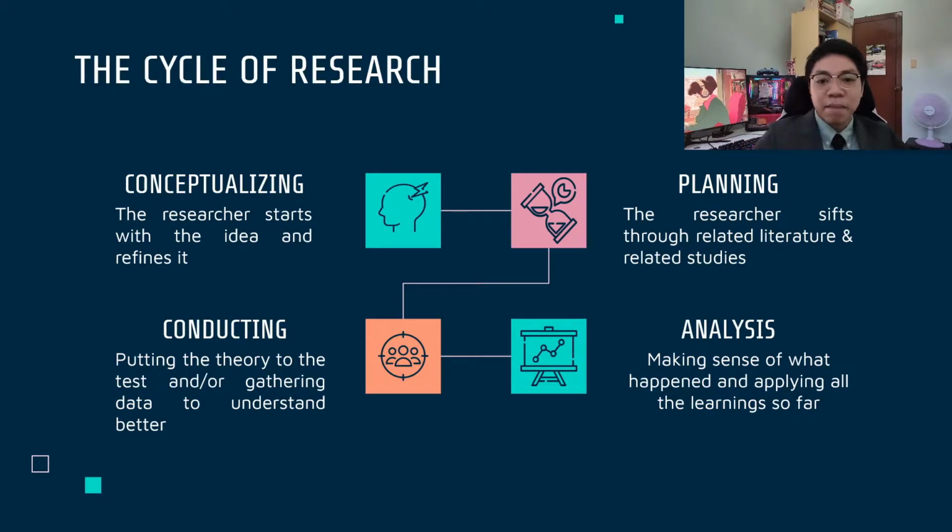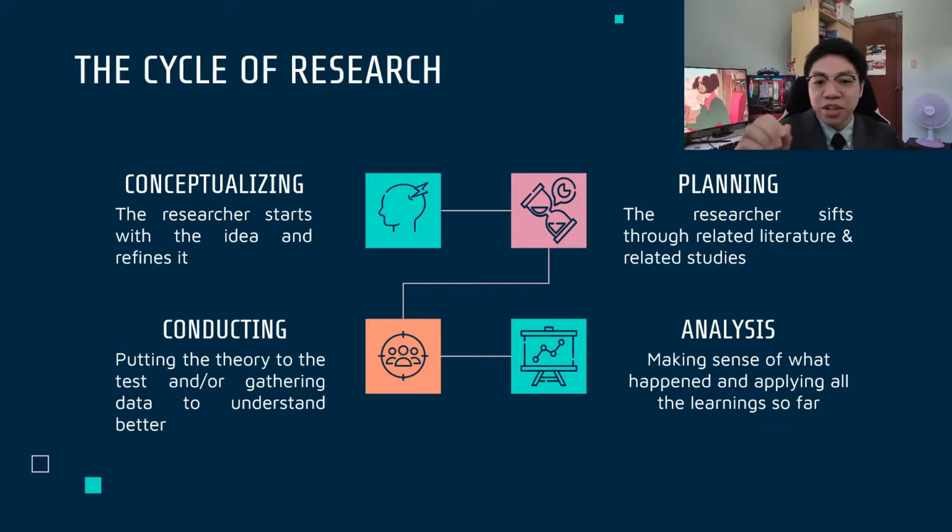How will this idea be expounded? So the researcher starts to refine that idea, and this is the conceptualizing phase. Afterwards, the researcher would ask, how am I supposed to investigate this idea? So we have the planning area where a researcher would sift through different related literature and related studies.